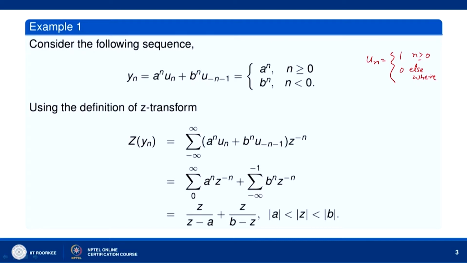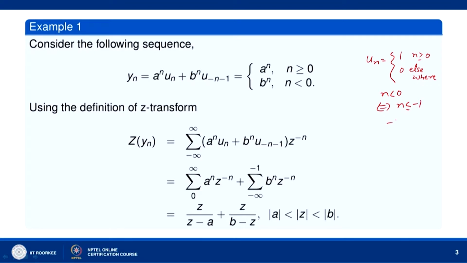So, here when n is greater than or equal to 0, we get y[n] as a to the power n, and when n is less than 0, what will happen to u[-n-1]? n is less than 0 means n is taking values minus 1, minus 2 and so on. n is less than 0 means n is less than or equal to minus 1.